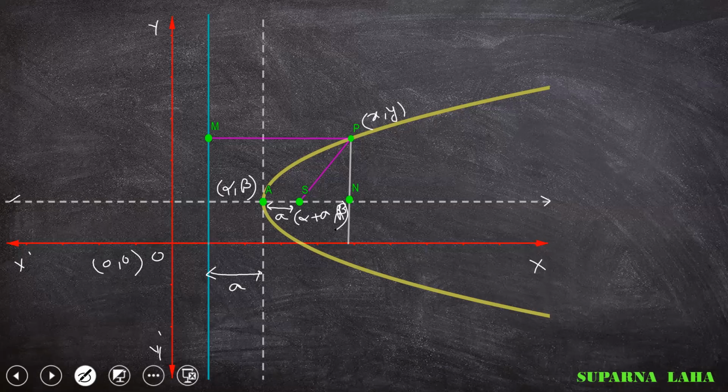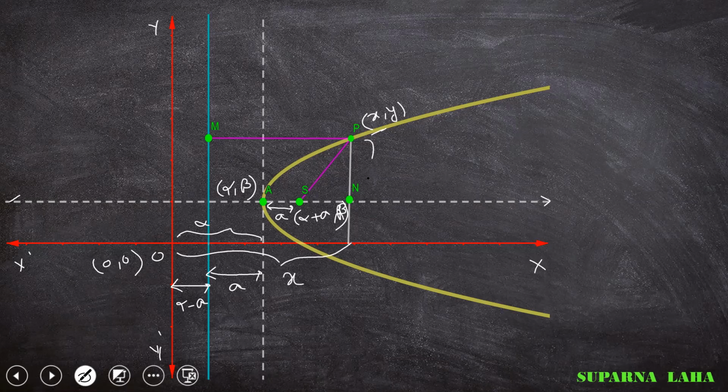Now this is a and this total distance is alpha, so this distance is alpha minus a. Clear? Now look at the point P. This coordinate is x, y. So this total distance is x and this is y.